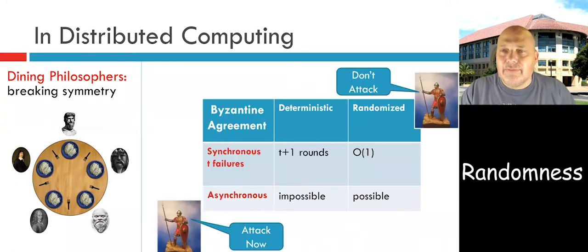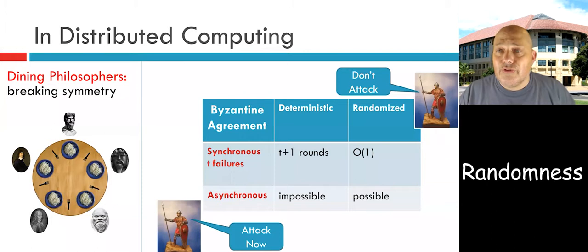A different example is that of Byzantine agreement. You have a group of Byzantine leaders, and they want to decide whether to attack or not to attack, but they only want to attack if all leaders want to attack. So they are trying to exchange information and make a joint decision.